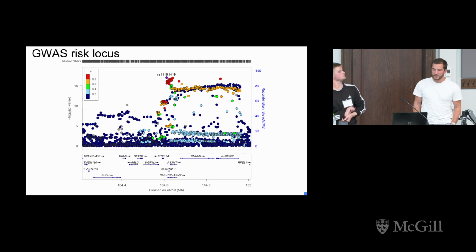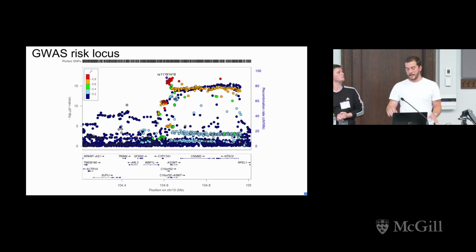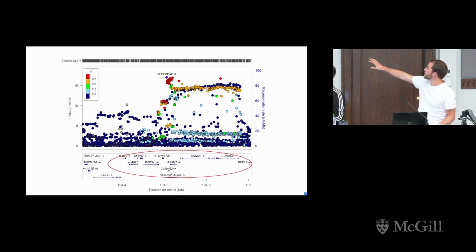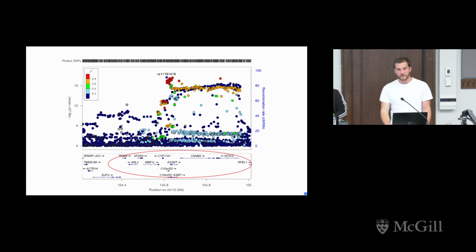Yeah, so here's another plot of a GWAS risk locus, and we can see how these annotations help you resolve one of these loci. Here we have a locus with some associated variants, and there are quite a number of genes situated close to these variants, and often distance between variant and gene is quite an okay predictor of whether a gene is relevant.